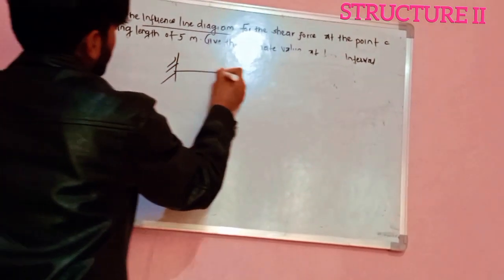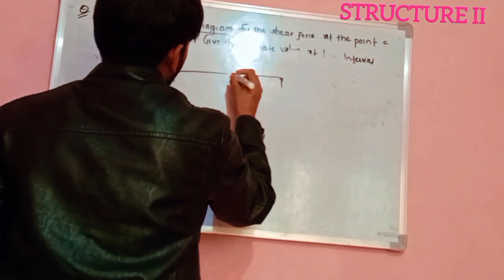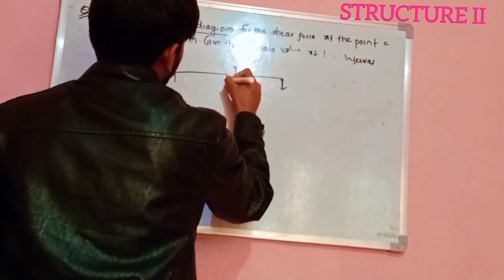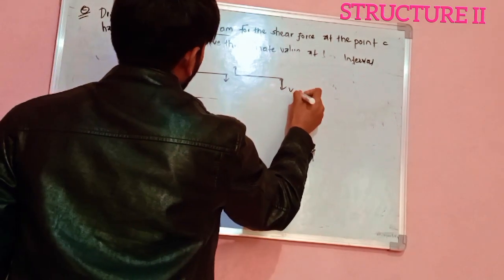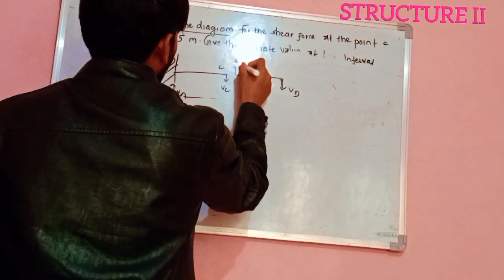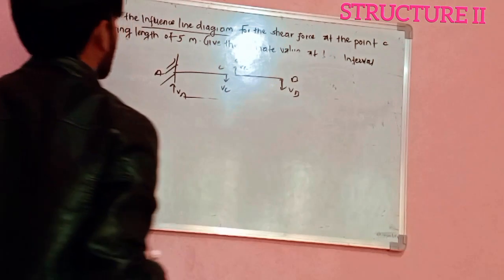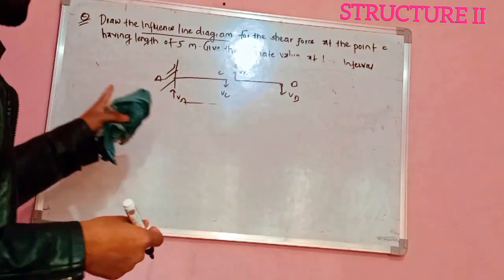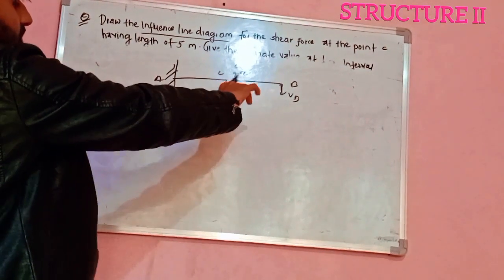Now coming to the point. For the shear force at point C, to solve which we have to divide the span into two portions, that is AC and BC.